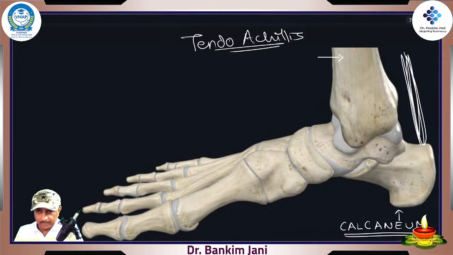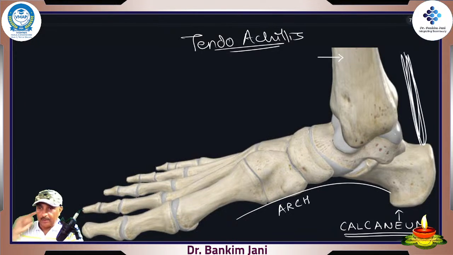For the calcaneum, in case there is pain, you'll find that this is also called the arch. This is the arch of the foot, right? Before you start running, do this test.